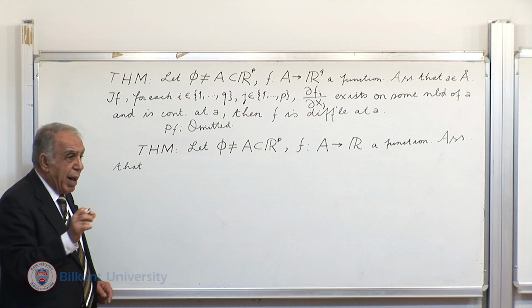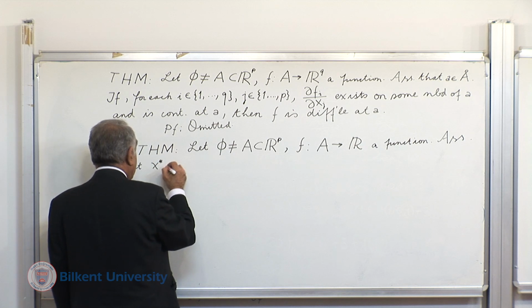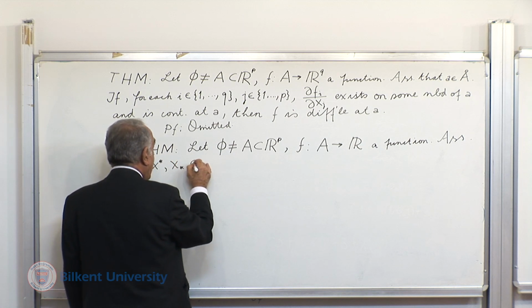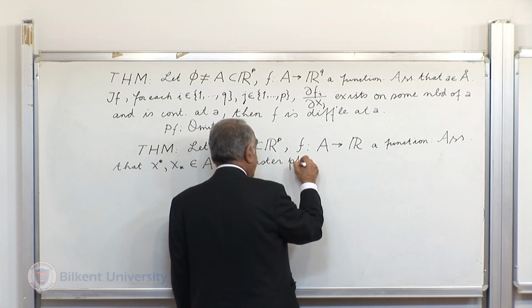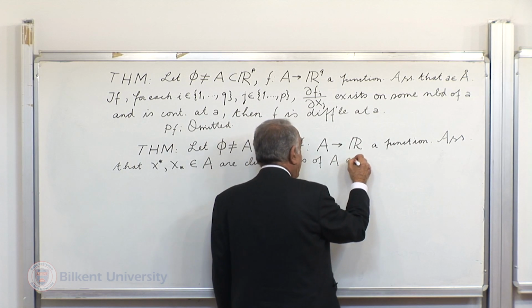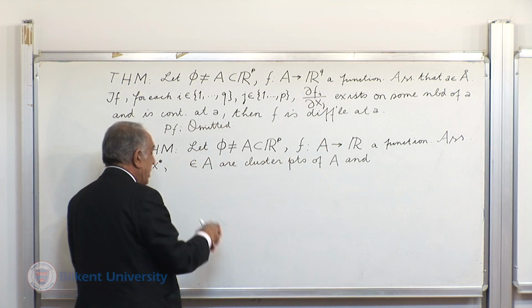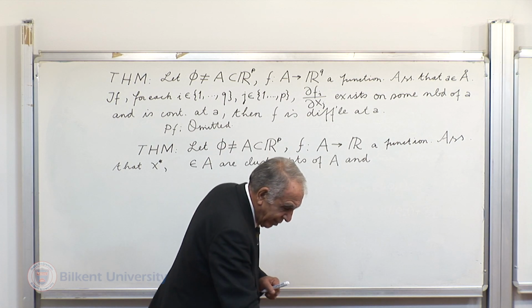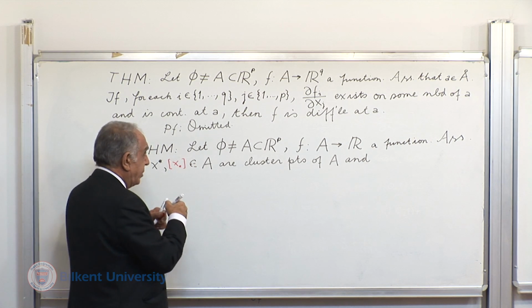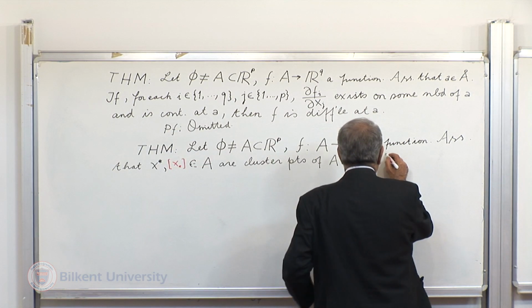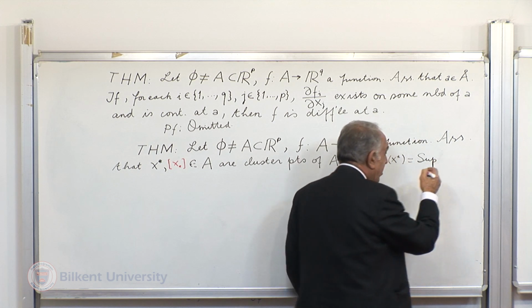One will correspond to a maximizer, the other to a minimizer. x upper star, x lower star in A are cluster points of A. And let me write this in red. f of x star is, well, I can write here maximum.